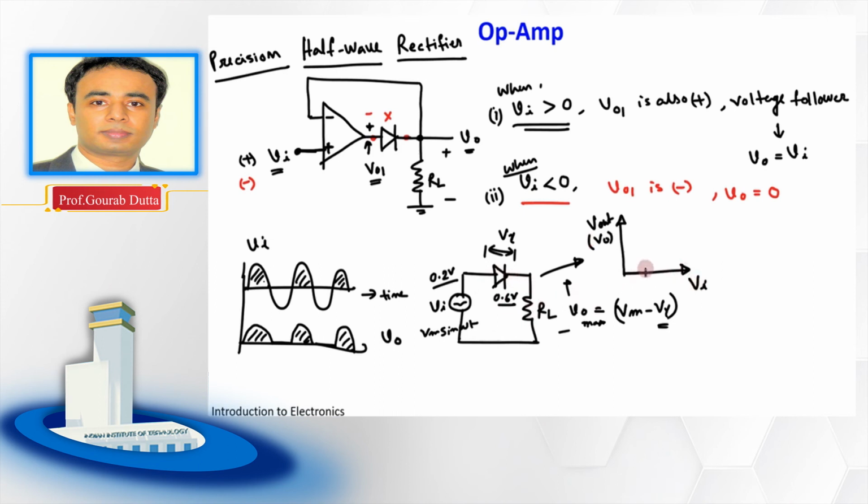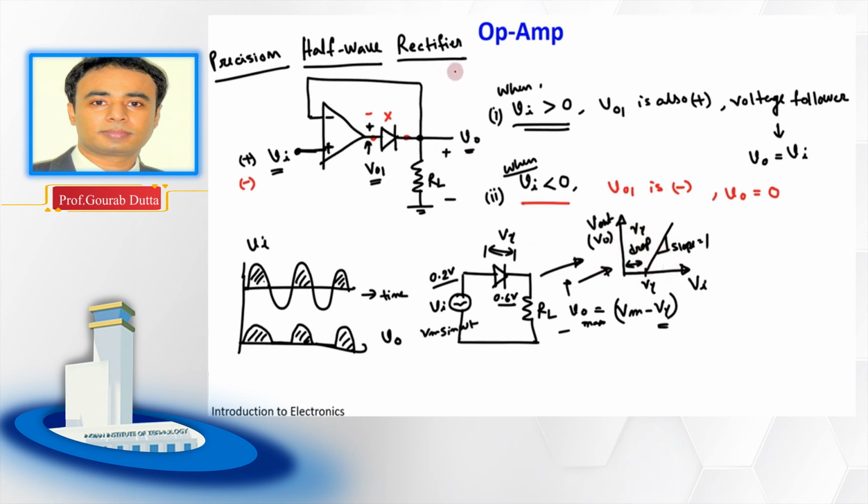Here we have seen we have this drop of V gamma. After that V gamma, the output will increase as we increase Vi, and the slope was equal to 1. Again remember, for the normal half wave rectifier, we always have a drop of V gamma, and after that you get the rectification.